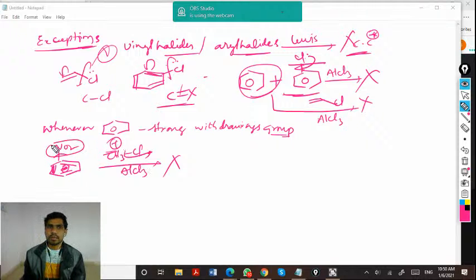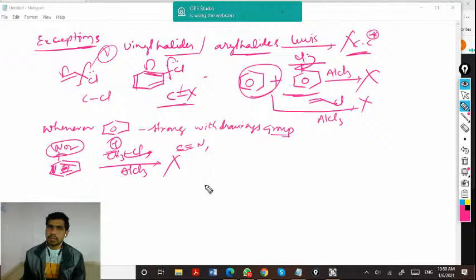Such kinds of groups are nitro and cyano. These are the two groups that give weak attacking ability onto the electrophile. The withdrawing nature of the groups present on the benzene will decrease the attacking ability of the benzene, so that electrophilic substitution will be very weak or not going to happen efficiently.